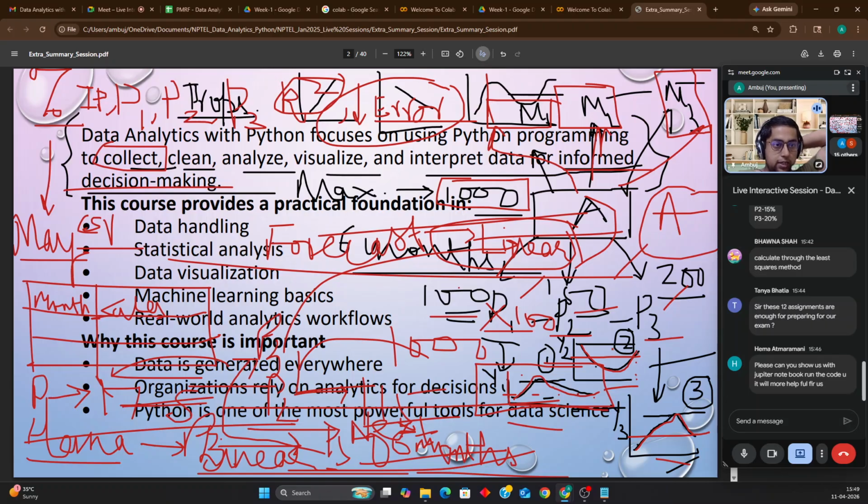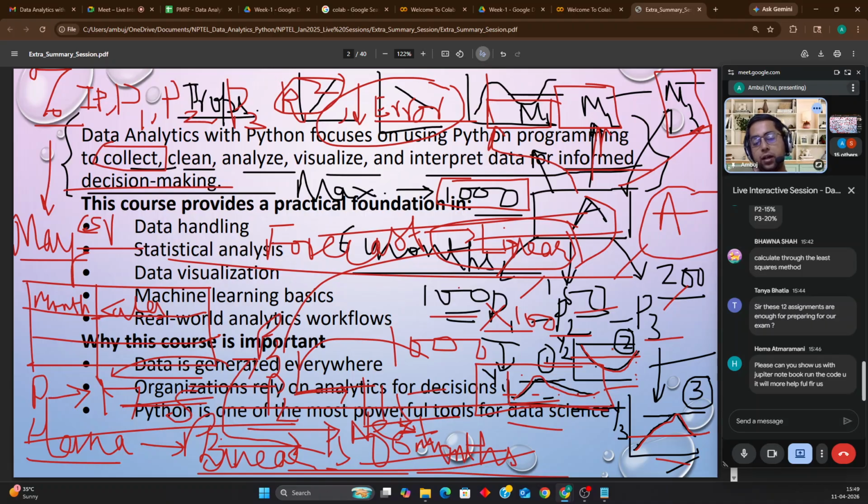Now, Bhavna Shah is saying to calculate through the least square method. Yes, for categorical data, it shall be one of the choices. It depends on how informed a decision you will make, and what your requirements in the company are. You shall be told what the acceptable error rate is, the acceptable percentage of the error margin which the company is expecting.